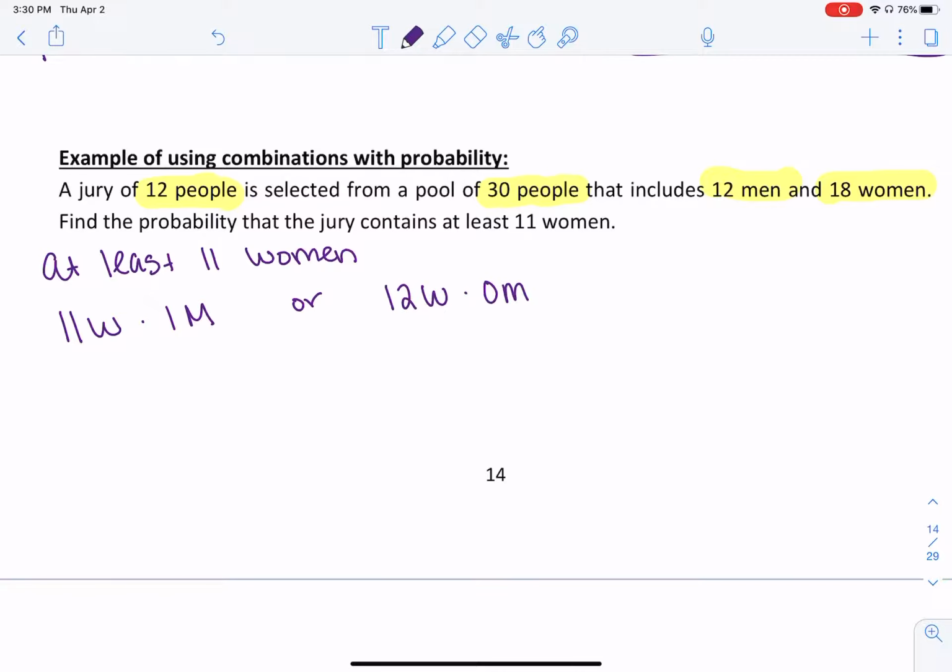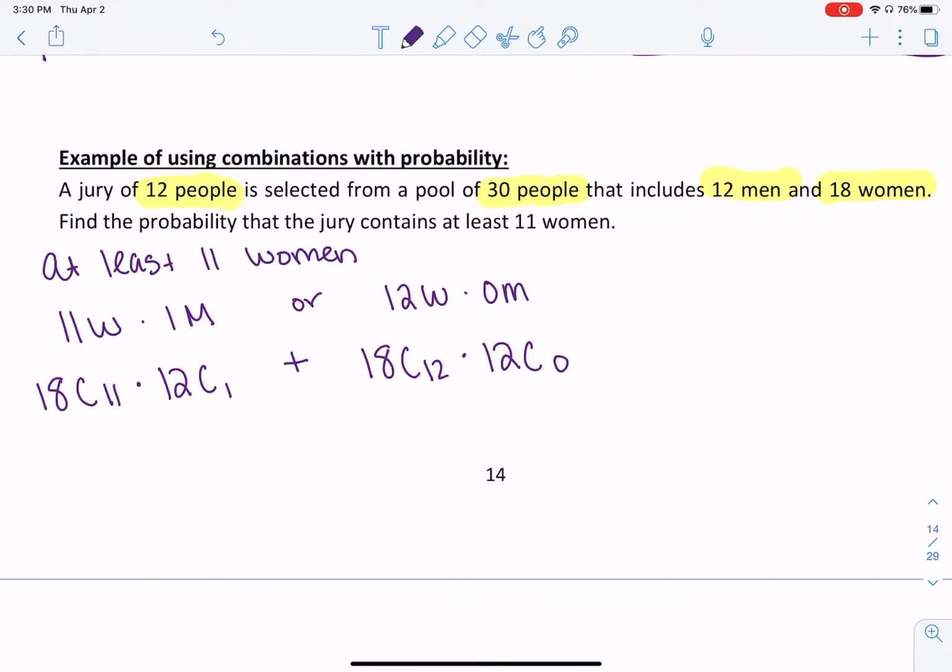All right? So there are 18 women, and we could choose 11. And that means that we've got 12 men, and we would choose 1. Remember, or means plus from our last section. And we've got 18 women, and we could choose 12. And that would mean we've got 12 men, and we would choose 0.